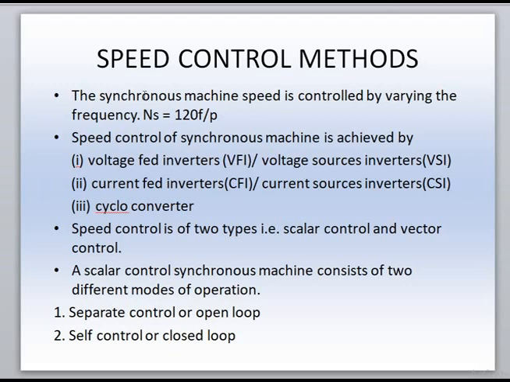Changing the number of poles is a physical change; when designing a machine we have to fix the number of poles. Practically it is not possible to control the speed that way. That's why we prefer to change the frequency, which is given to the stator windings.